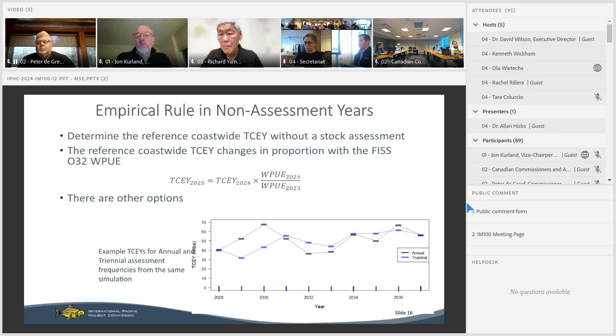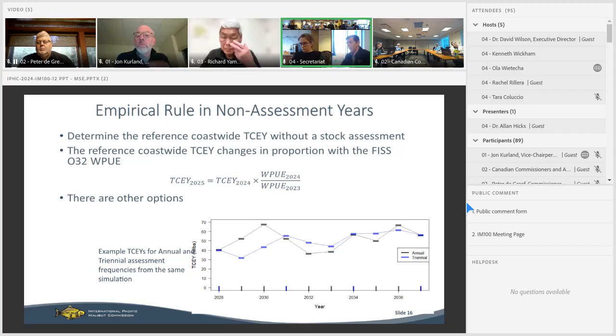So what is this empirical rule in non-assessment years exactly? I thought I'd give a quick slide here to show an example of that. And this is the process where you would determine the reference coast-wide TCY when you do not have a stock assessment. And that is specifically the reference coast-wide TCY would change in proportion with the FIS 032 WPE.